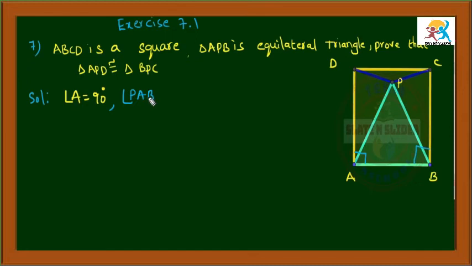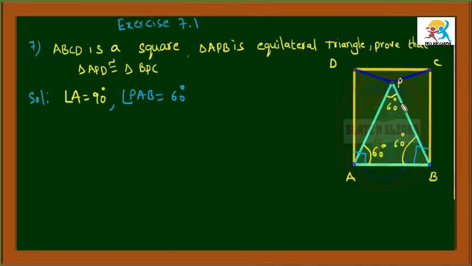How? In the question itself, it is given as triangle APB is equilateral triangle. So if it is equilateral, then in the equilateral triangle each angle is 60 degrees. That's why this angle is 60 degrees, this is also 60 degrees, and this angle is also 60 degrees.